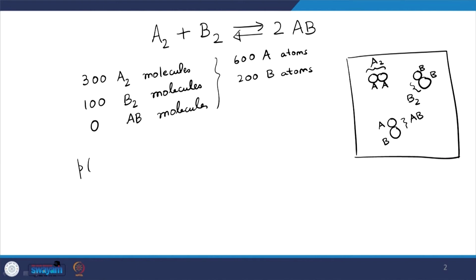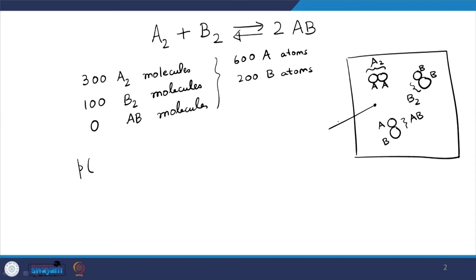So, if I now ask a simple probabilistic question: at any particular point in this volume, where if 2 A come together they form A2, or A and B come together they form AB, let us say I define a particular point and I ask what is the probability that we have 2 A atoms there forming an A2. Now, what is the probability of having an A there?